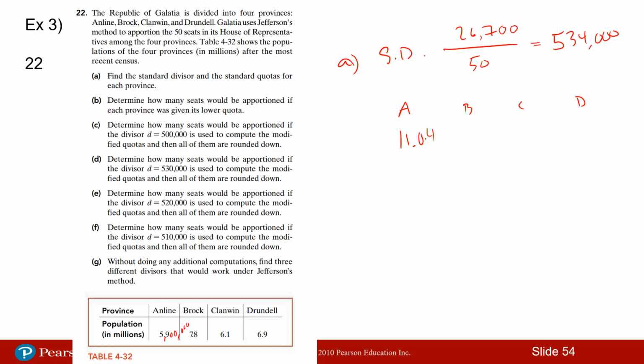Okay, we're good there. So this would be 7,800,000 divided by, for Brock.